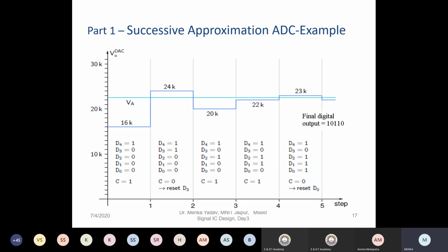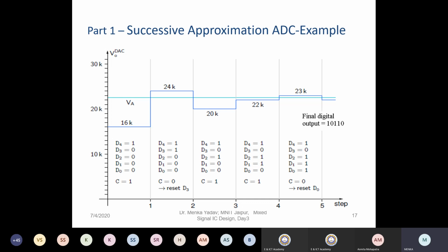In this case, this becomes 24k, and this goes above this line VA. So I have to reset my D3 bit. It means this is not in the upper half, but in the lower half. So I will reset that D3 bit.